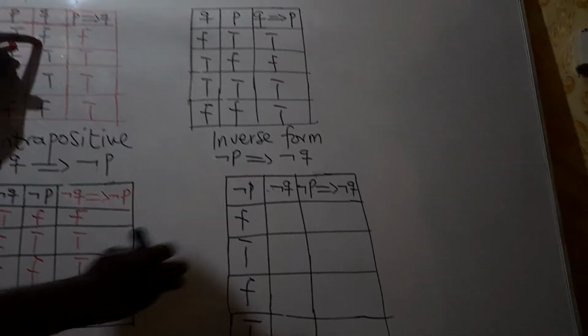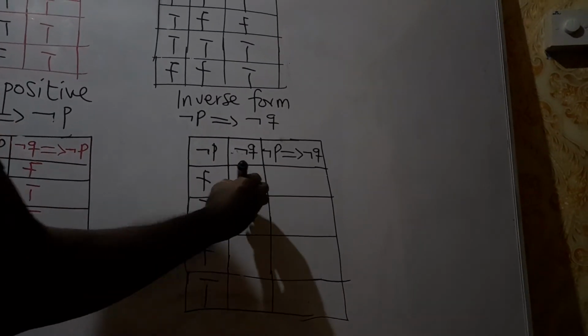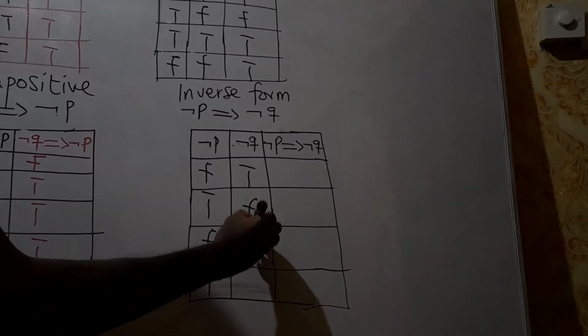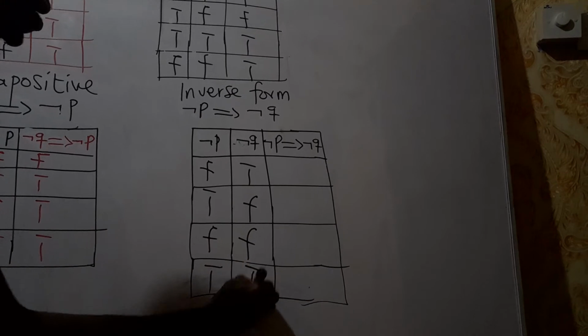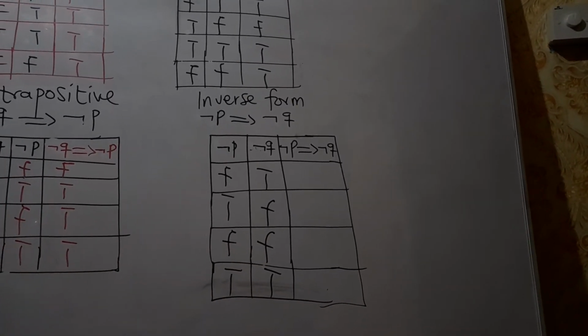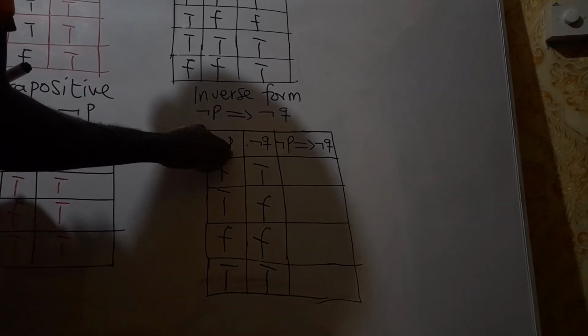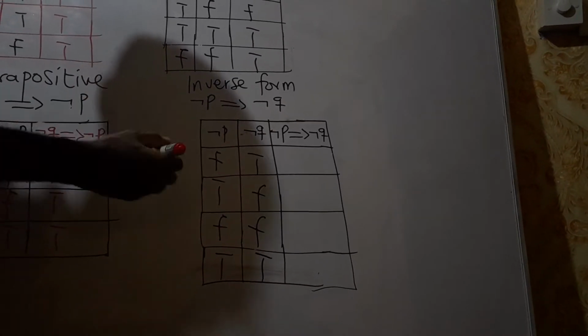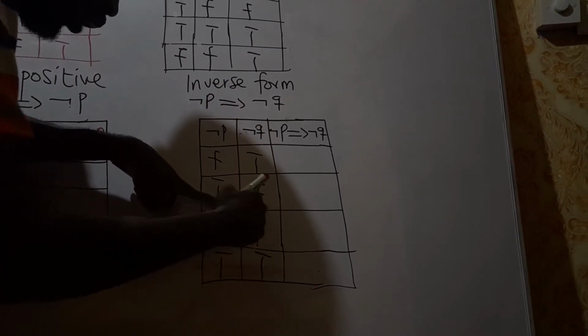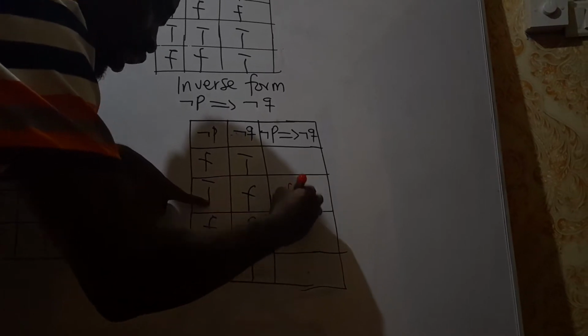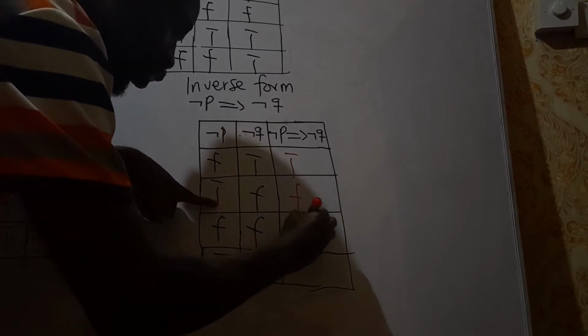And for Q, it will be true, false, false, true. This becomes the antecedent and this becomes the conclusion. It is only false if the antecedent is true and the conclusion is false. So we locate where this is true and this is false, then it is false. Otherwise, it's true in all respects.